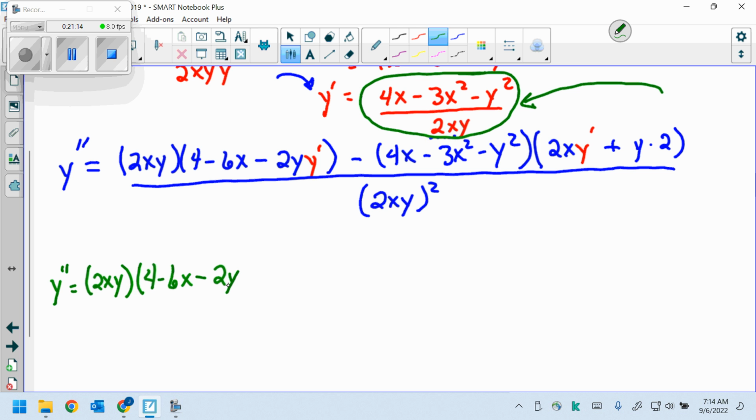And so what I'm going to want you to do is to write y primed as 4x minus 3x squared minus y squared over 2xy.